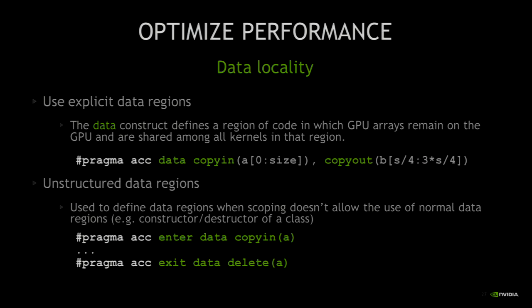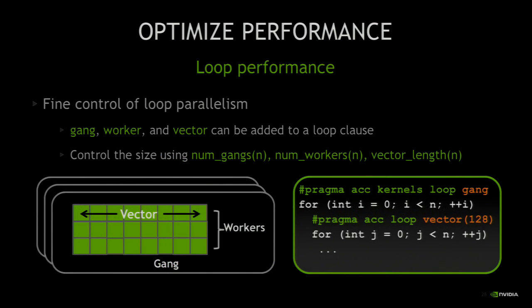And then if you want to optimize further the performance of your loops, there is also a fine-grained control that is exposed in OpenACC. I won't go into details, but I want to mention, you can specify for each loop whether you want this loop to be executed as a gang, worker, or vector.